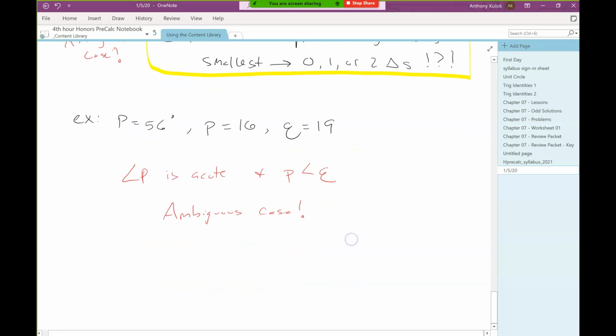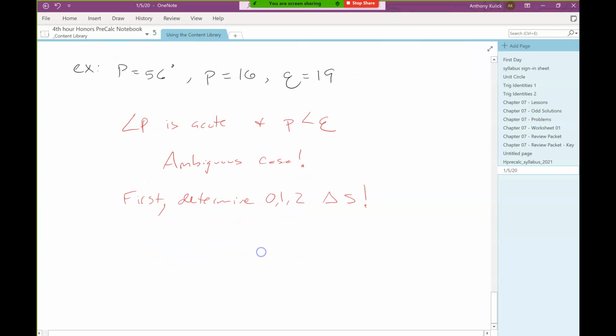So the first thing we need to do is determine whether we're looking for 0, 1, or 2 triangles. To do that, we're going to use the law of sines.